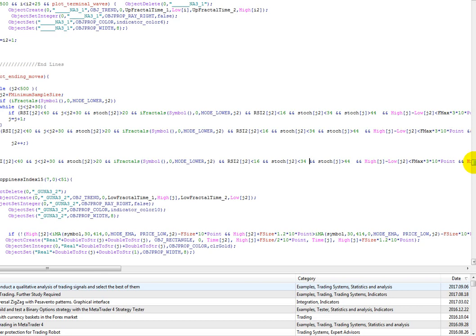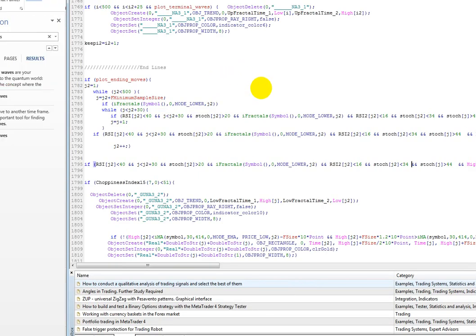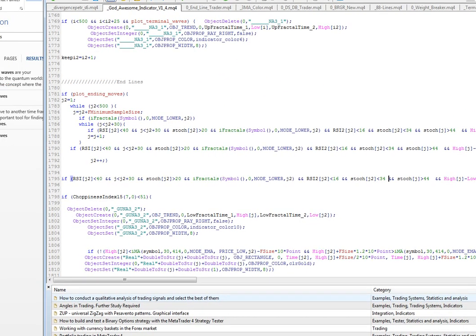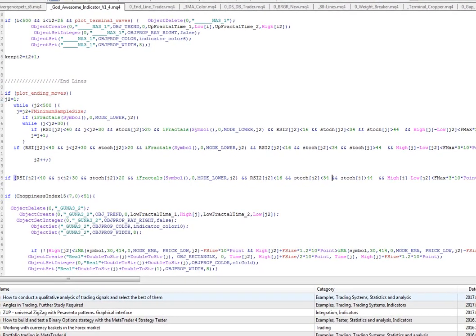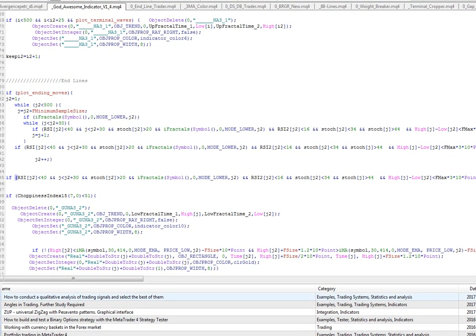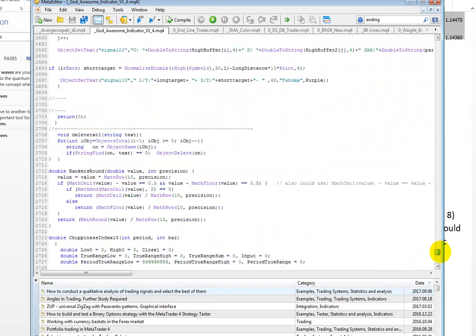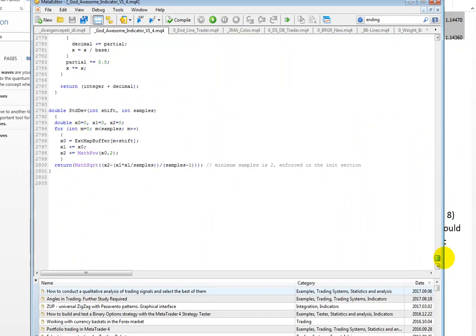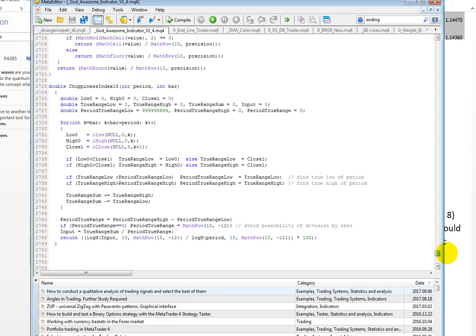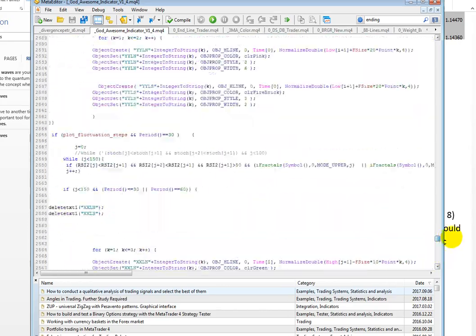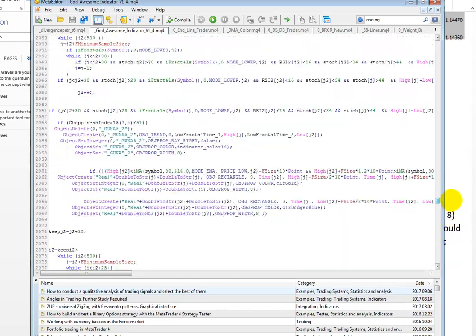This is, by the way, part of the God-awesome indicator, and it is currently, let's see, shrink it down a bit, close to 3,000 lines by now, and as you can see, it's not full of comment lines. That's not the reason.